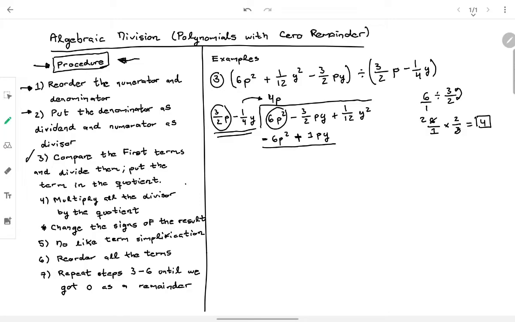Then we need to do the like term simplification, so we can eliminate these two, and we will have minus 3/2 plus 1. So it will be minus 3/2 plus 2/2. So it will be minus 1/2 of py. This one doesn't have anything to be added or subtracted, so we copy it the same.